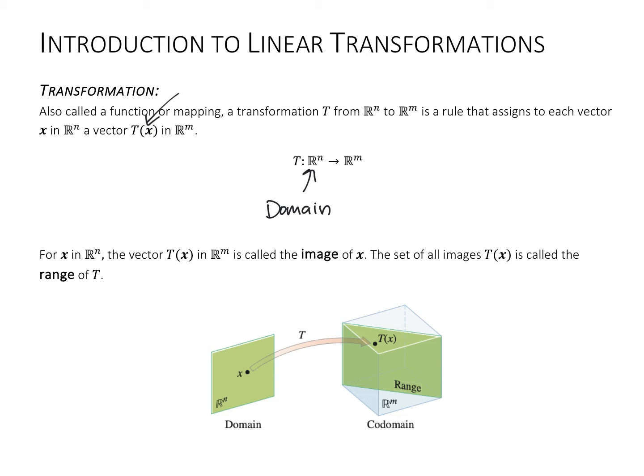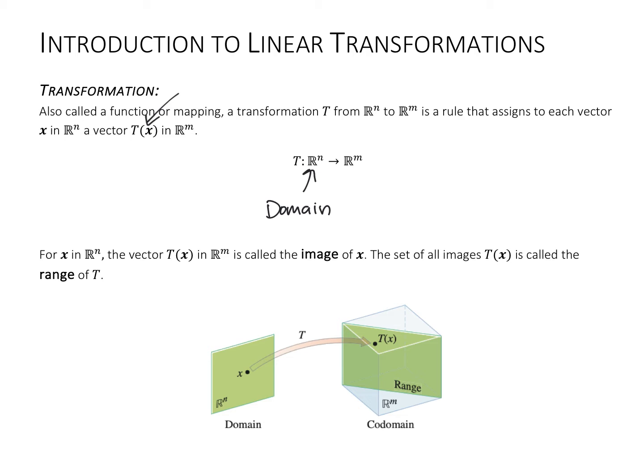Now, I will caution you, in algebra, like in pre-calc, we've talked about transformations being something that you might do to shift a function, right? Up and down, left and right, you might scale it. But that's kind of exactly what we're doing here: we're taking a vector and transforming it into something else.